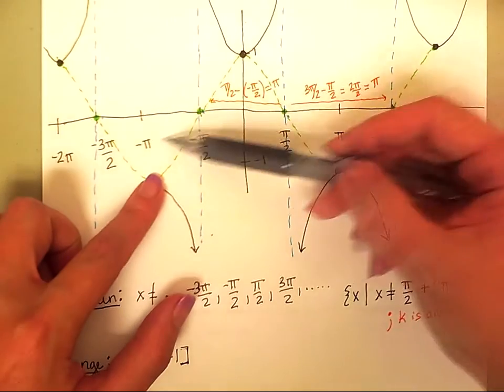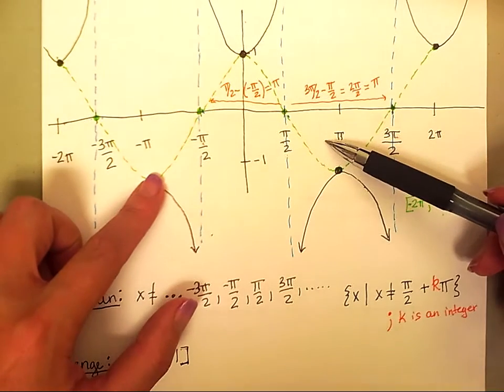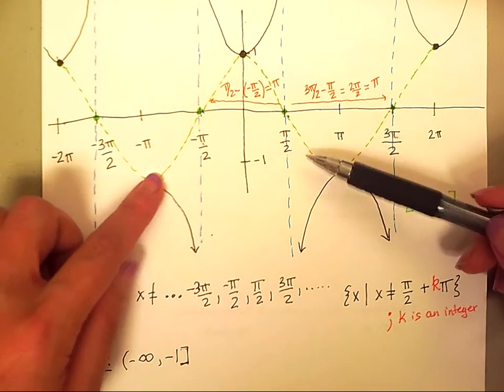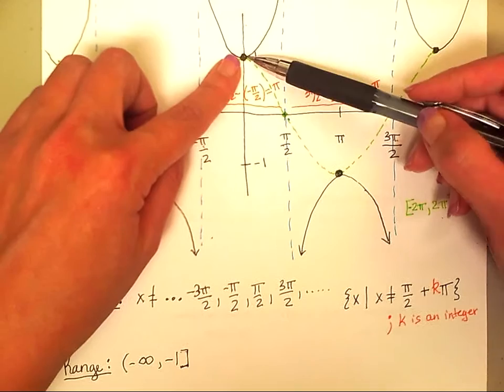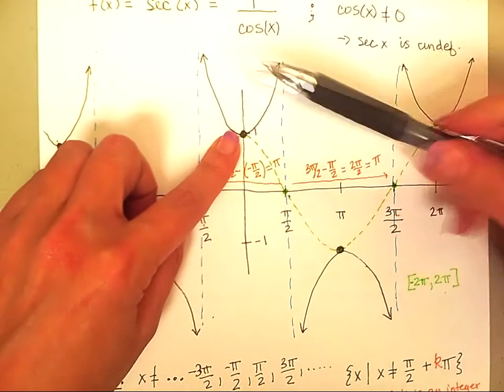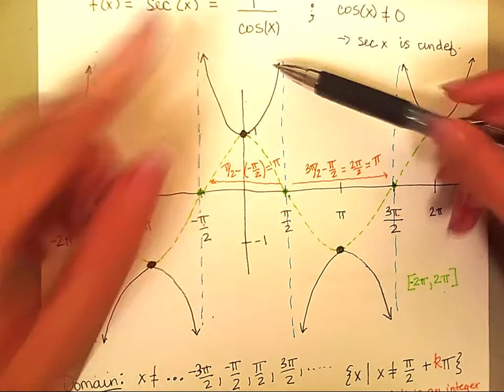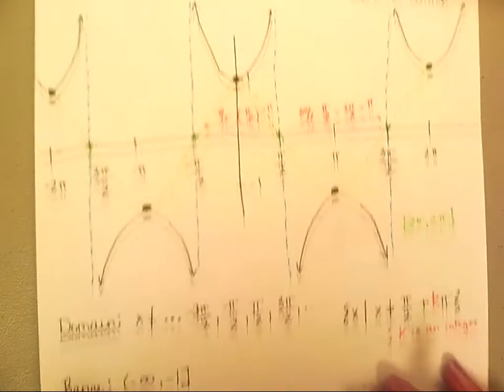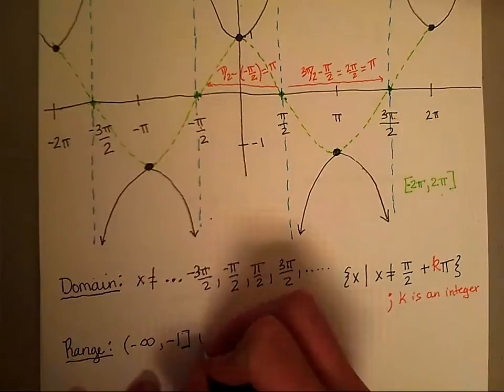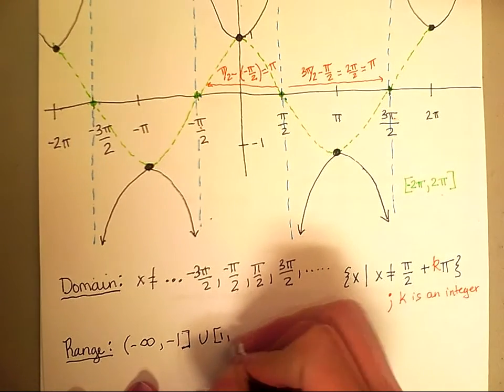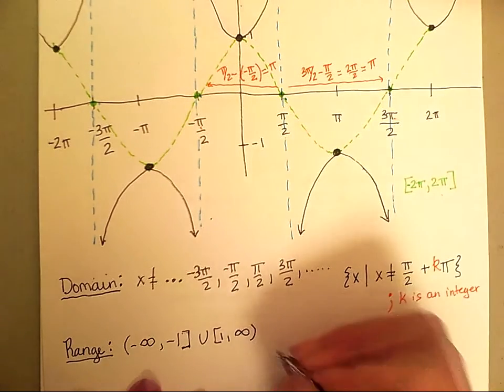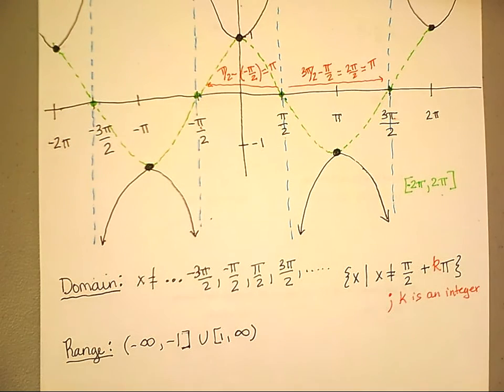Now in between here, we just have our graph of cosine, and that's not part of the secant graph. The secant graph doesn't pick up again until we get to 1, and then it continues from 1 to positive infinity. So the range then is negative infinity to negative 1, union 1 to positive infinity. This is the range for secant.